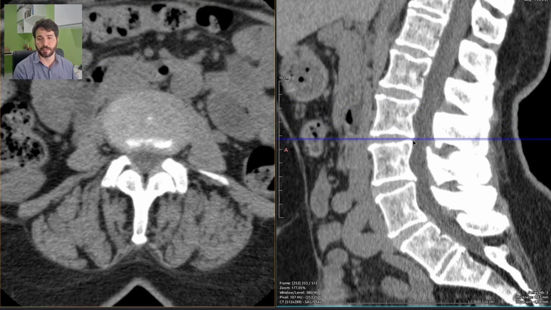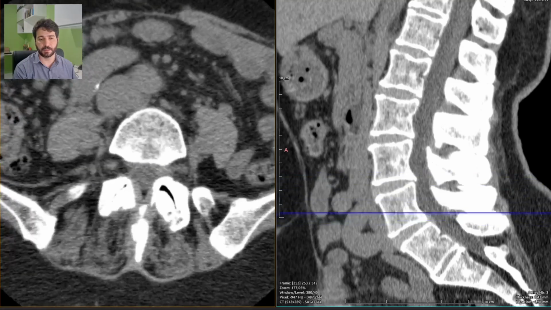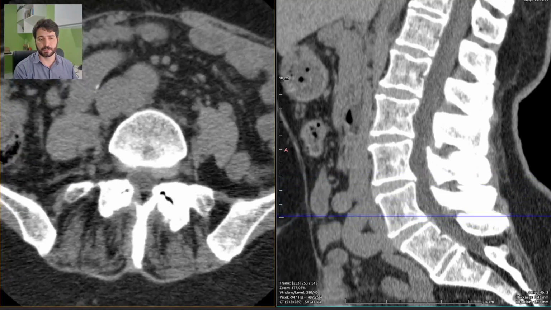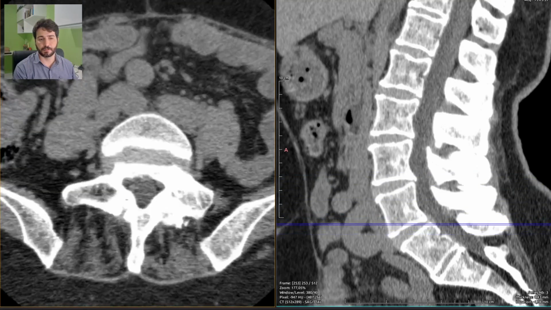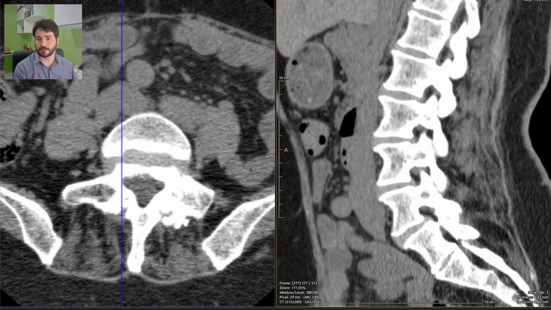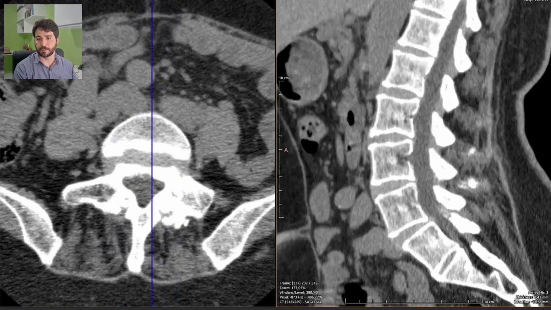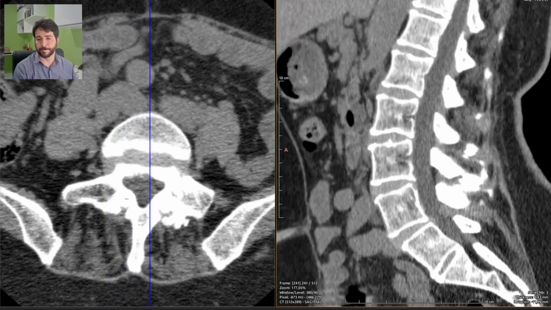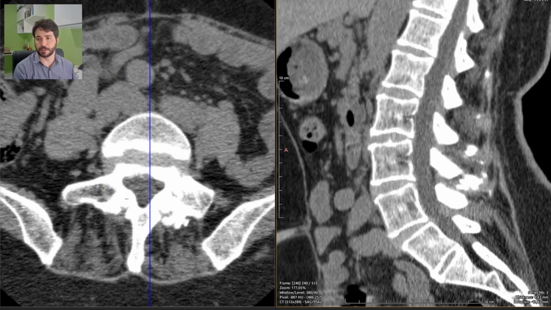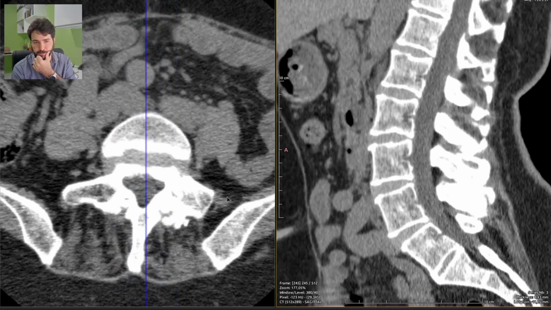So we have on 3 segments disc extrusions, posterior disc extrusions, partially calcified, which reduce the size of the neuroforamina on L5S1, but not so much on the other segments.